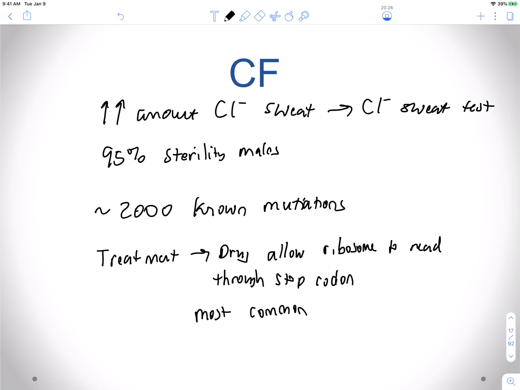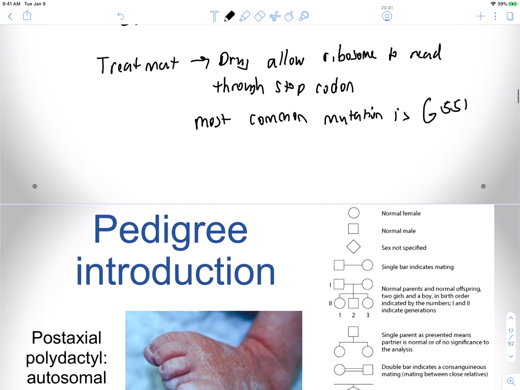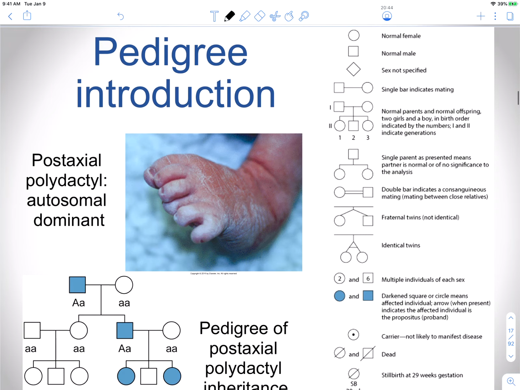And so by having this drug, a lot of people, or the majority of people, have this mutation, and it allows them to make a functional protein. Okay, so that's cystic fibrosis.